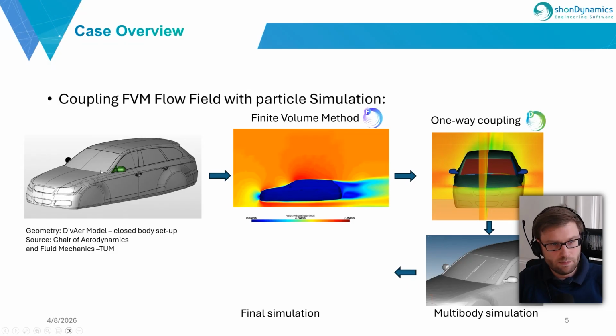The driver model doesn't come with wipers, so we also modeled simple wiper geometries on the windshield. This is always a little bit of a disadvantage of being a software company. Our customers want to do their simulations with really detailed, their own geometry, but they don't want to have the geometry shown in these public viewings.